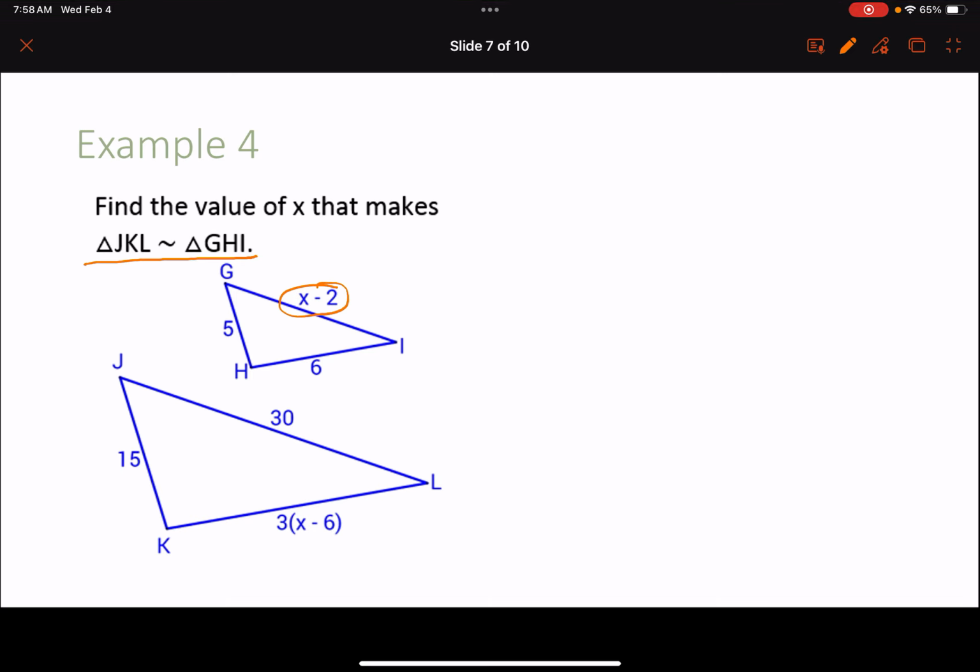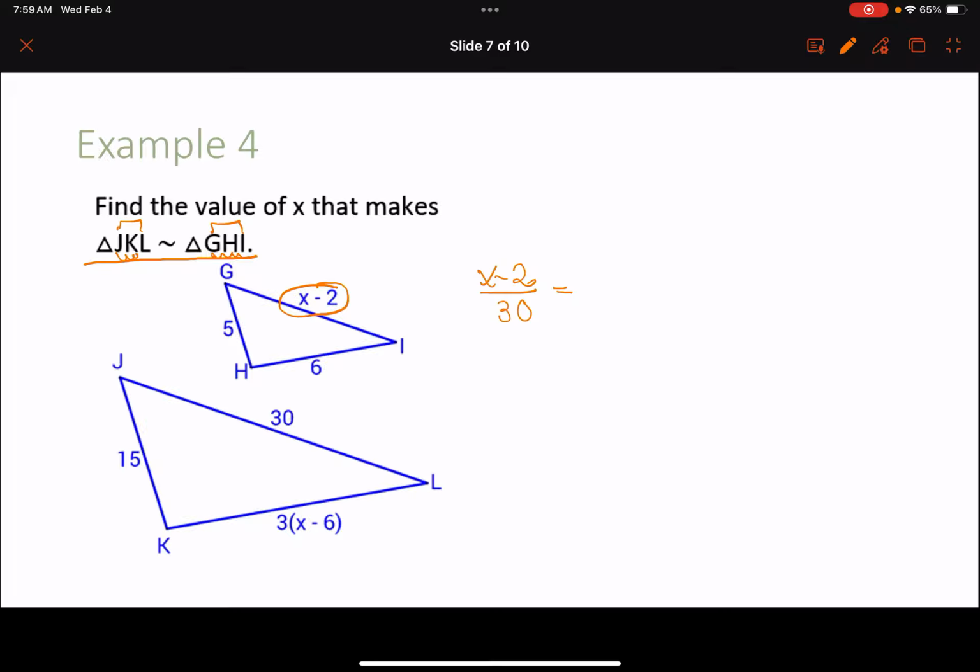And so GI, the x minus 2, should be proportional to JL. JL is the 30. Now I'm going to pick two pieces that I can work with that don't have x's if I can help it. GH is to JK.